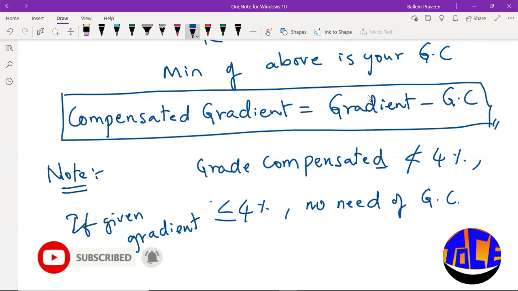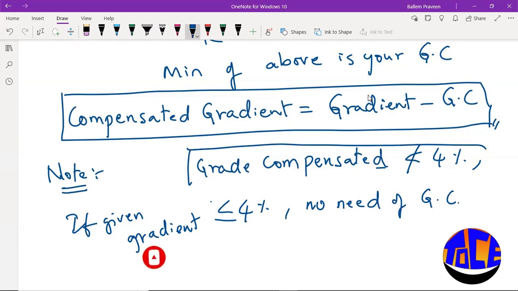Remember that whatever gradient you provide at the end, లాస్ట్ లో మనం గ్రేడియంట్ ఎంత అయితే ప్రొవైడ్ చేసినామో కాంపన్సేషన్ అంతా అయిపోయినాక దట్ షుడ్ నాట్ బి లెస్ దెన్ 4%. 4% కంటే తక్కువ ఉండకూడదు. If it is less than 4%, at least you have to provide the 4%.